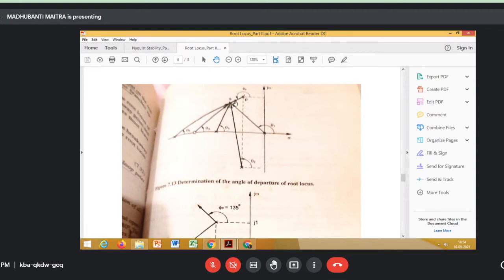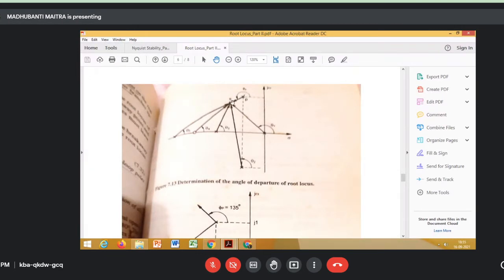After constructing the phasors, we find that this particular zero contributes an angle theta 4, whereas this open loop pole contributes an angle theta 1. This pole contributes an angle theta 2, this is theta 3, and this is theta 4. And let's assume from this figure it's apparent that this particular complex pole, for which we are trying to find the angle of departure, is contributing an angle at this point which is given by phi p.